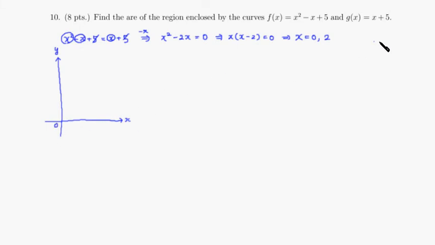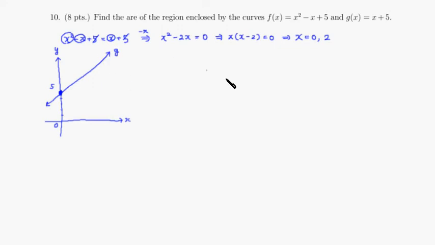So let's do the easy one. So y equals x plus 5. So slope is 1 and y-intercept is 5. So it's going to be 1, 2, 3, 4, 5. So right here. Then slope is 1, so it's going to look probably something like that. So that's going to be 5 right there. This is our g.